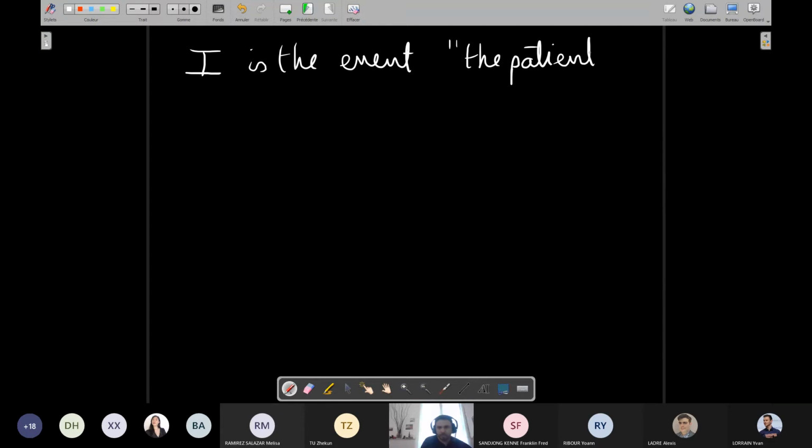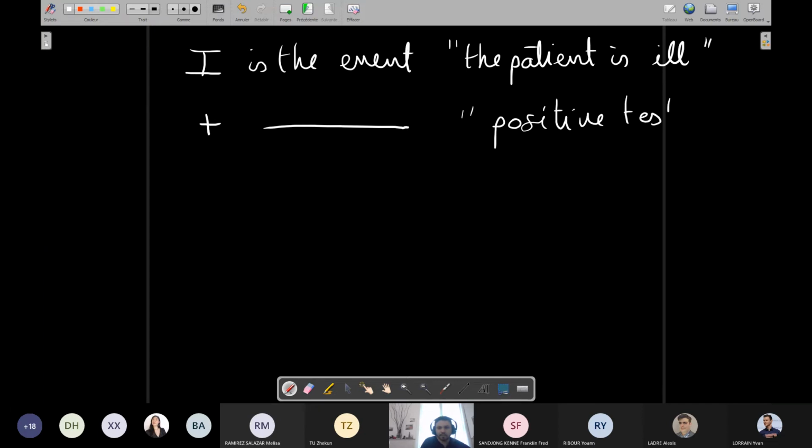So here we have some information. Let I be the event that the patient is ill, he's sick. Plus is the event that the patient has a positive test, and minus is the event of a negative test.